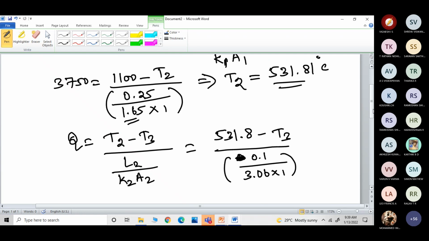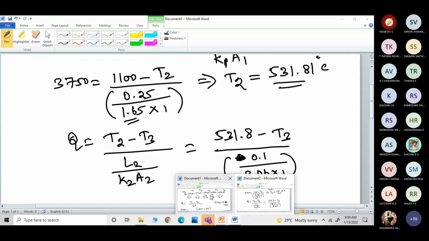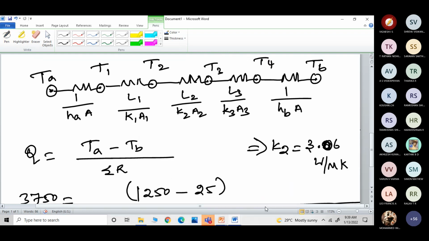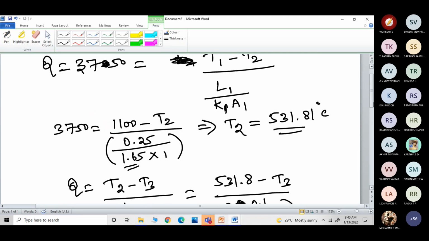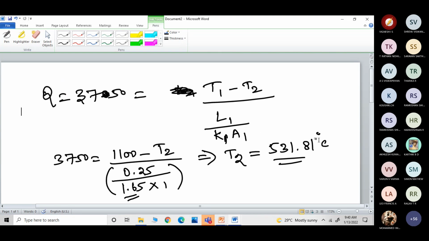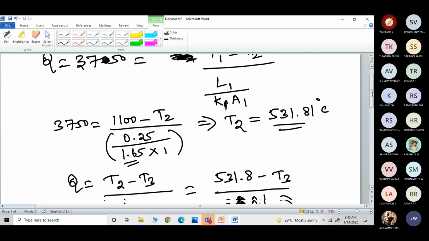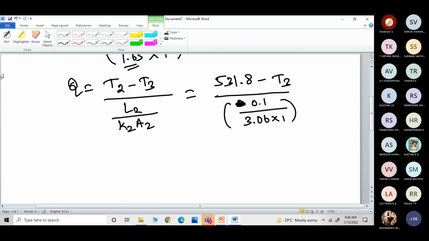Yes, mistake, sir, it's 2.81. Okay, no issues, let us change here, 2.81. But anyway, the T2 value won't get affected. Only the T3 value will get affected when you put 3.06.